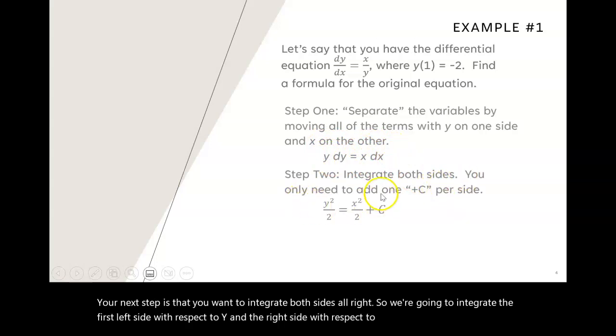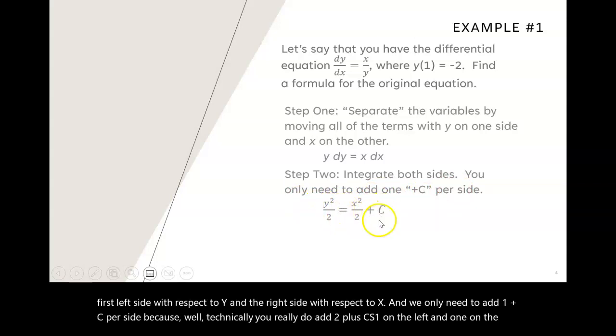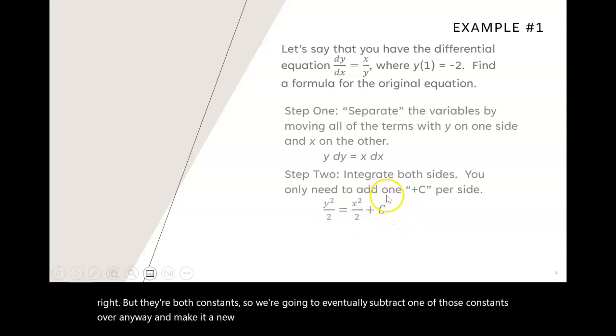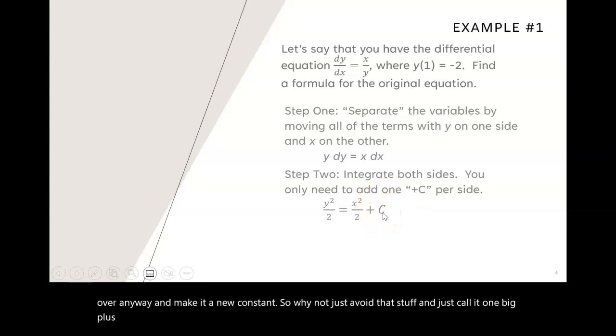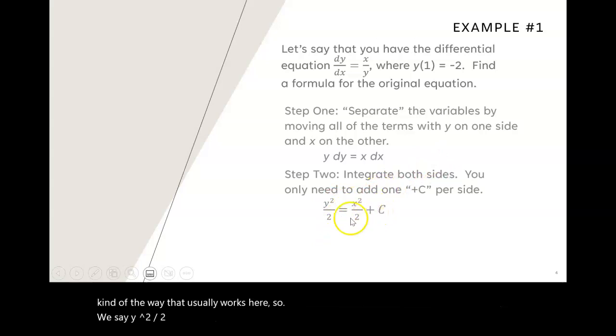And we only need to add 1 plus c per side because, technically, you really do add 2 plus c's, one on the left and one on the right, but they're both constants. So we're going to eventually subtract one of those constants over anyway and make it a new constant. So why not just avoid that step and call it one big plus c altogether? And convention tells us that we want to write it on the right side. That's just the way that it usually works here. So we say y squared over 2 equals x squared over 2 plus c.